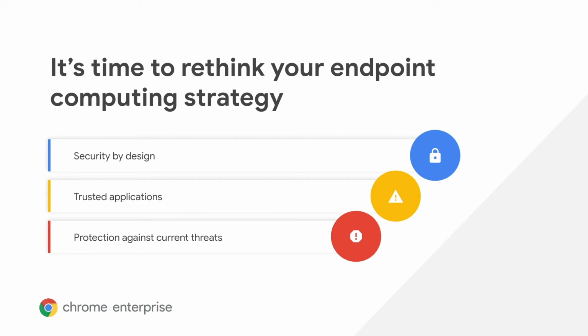And this is something that Google Chrome Enterprise is available for, to help you rethink that, right? So let's talk about Chrome OS. It's built with security by design. It was built like that when the platform originally started, and isn't like your traditional endpoint where usually you're layering on third-party software to protect it.